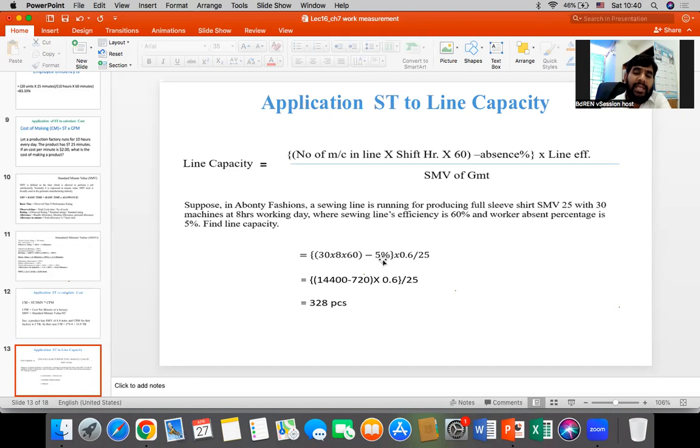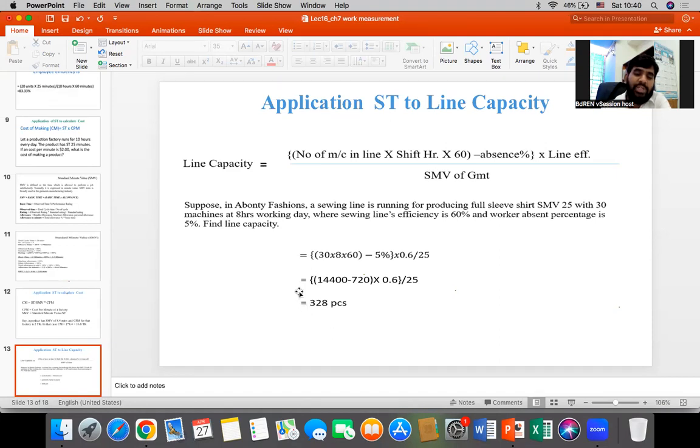And the production line efficiency is 60%, so you will multiply it by 60% and divide by the assembly time, or assembly means what? Standard time. And our production line can produce 328 outputs.